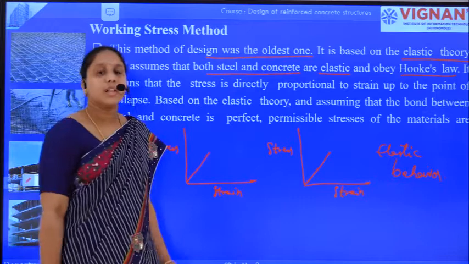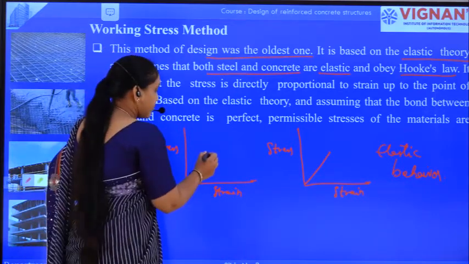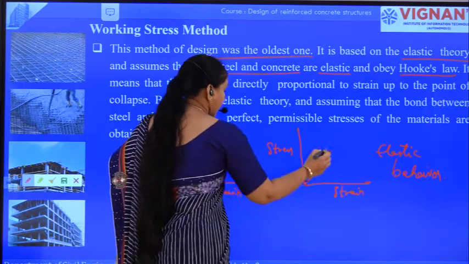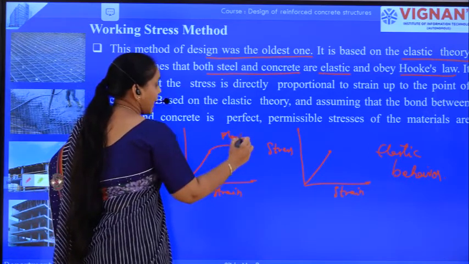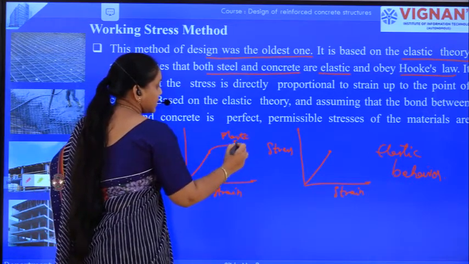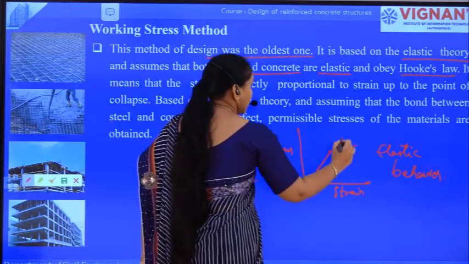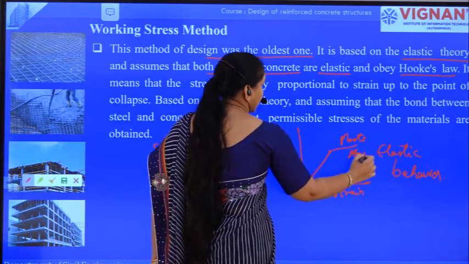In general, the concrete and steel, after the elastic point, that is the yield point, will go to the plastic stage. Here also it goes to the plastic stage.